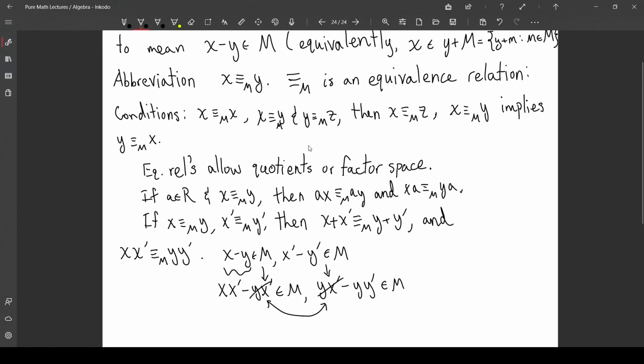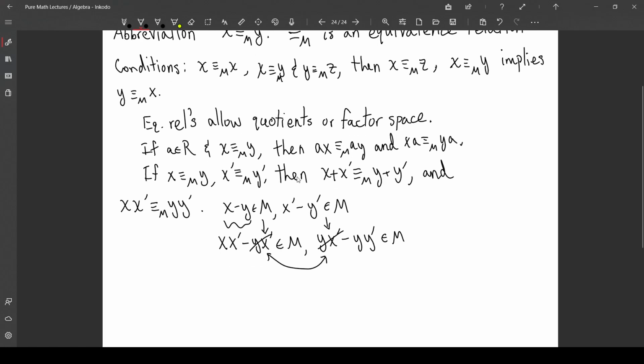So on top of this being an equivalence relation, we also have these algebraic properties, and that's going to allow us to show that the factor space R mod M is actually a ring.